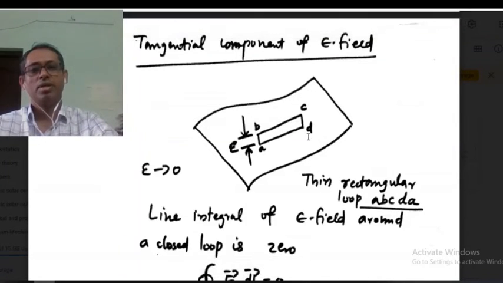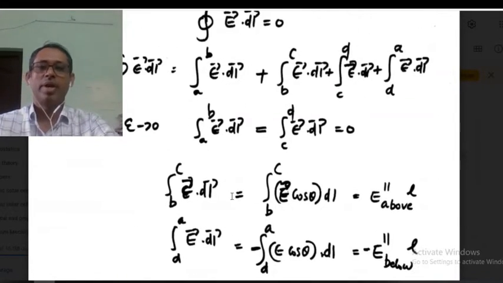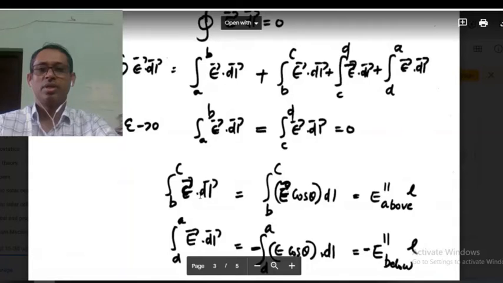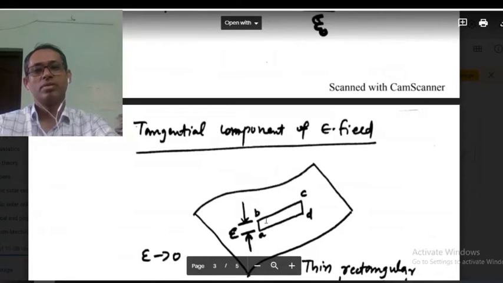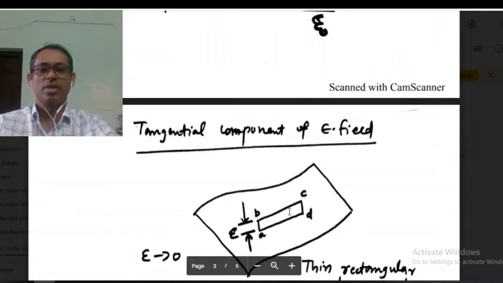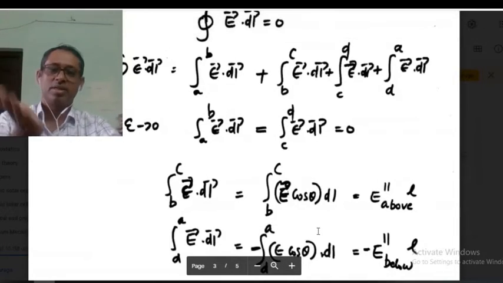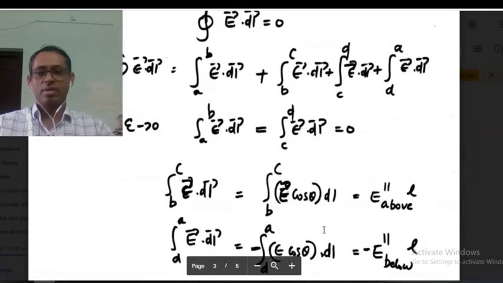D to A is opposite to B to C. So the integral B to C E dot dl is the integral of E cos theta dl, where dl is along B to C. E cos theta is the component of the electric field along dl, along the path.